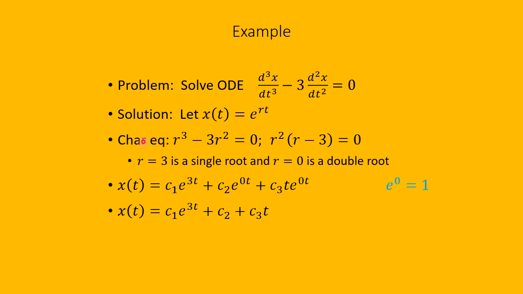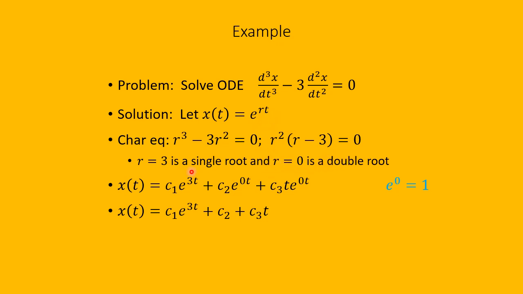That's the characteristic equation. Both of these terms you can factor out an r squared from them, and so this characteristic equation factors into r squared times r minus 3 equals 0. So r equals 3 is a single root, and r equals 0 is a double root.